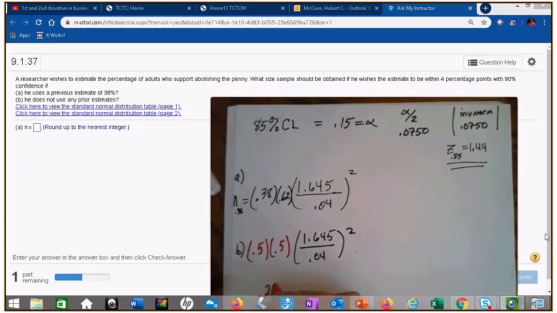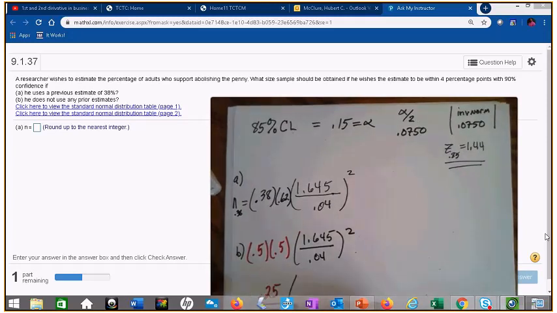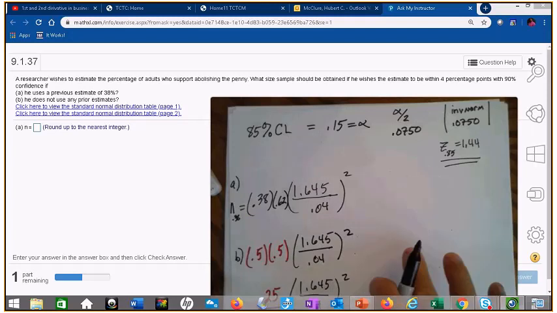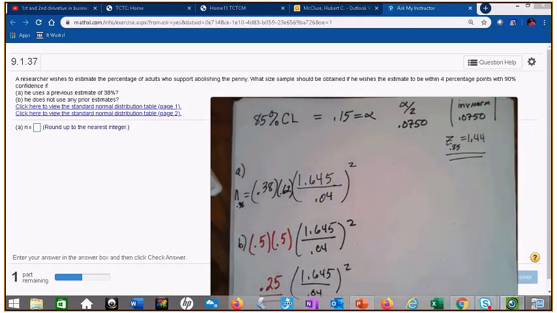That is what I told you a while ago to watch out for, multiplied by 1.645 over 0.04. You might want to write that question down as a test question, because B does not use any P hat.